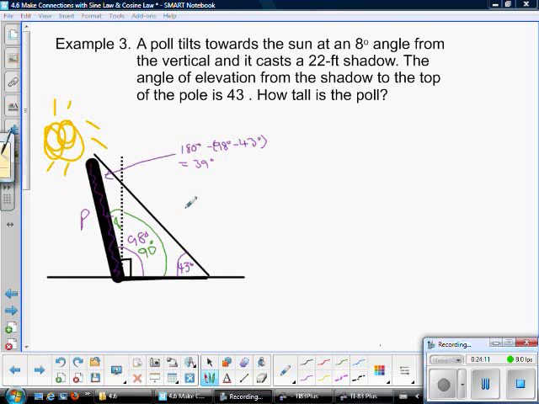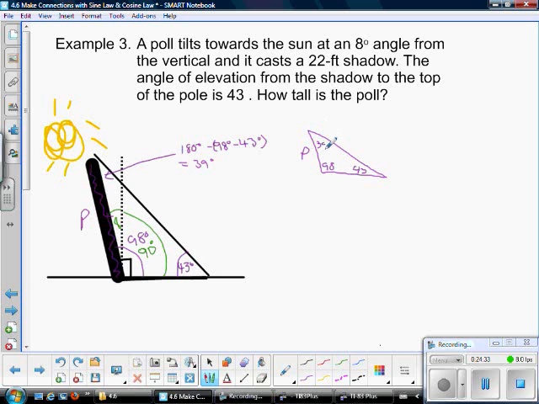Now, if you find that it's too cluttered, you can draw another little triangle if that would make your life easier. Sometimes I do that. If you notice, I'm not using a ruler, but that's 43. I know that this is 98. This is what I want to find. And I have this as 39.